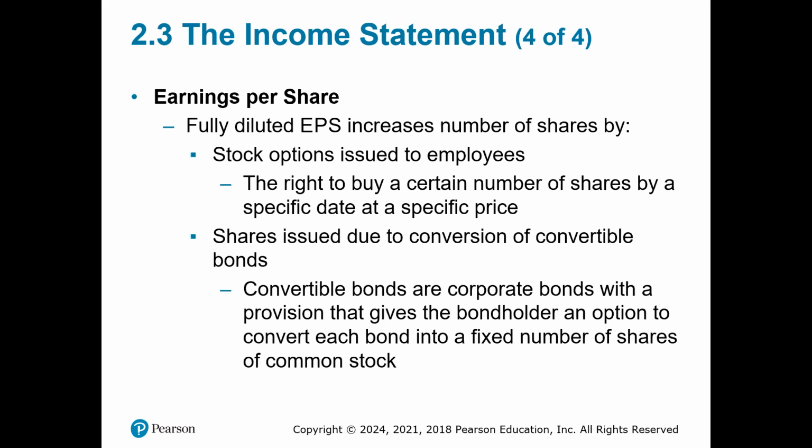Also, the fully diluted EPS considers the impact of convertible bonds. Now, these are corporate bonds that carry a provision enabling the bondholder to convert each bond into a fixed number of common stock shares.